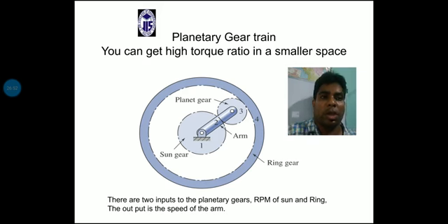In a planetary gear train, you can get a high torque ratio in a smaller space. That means in a small space, you can get maximum torque with a small distance covered by the gears. So that is actually the figure.